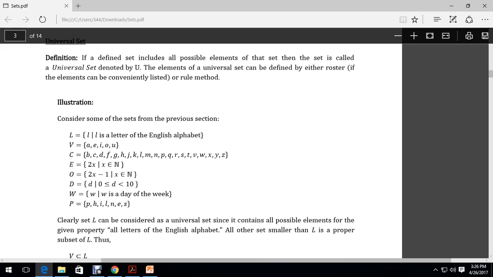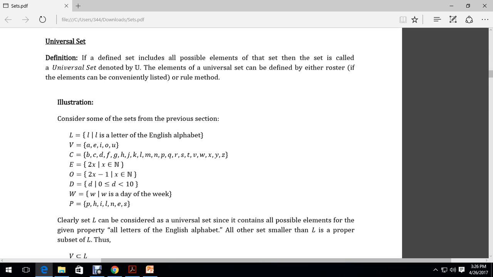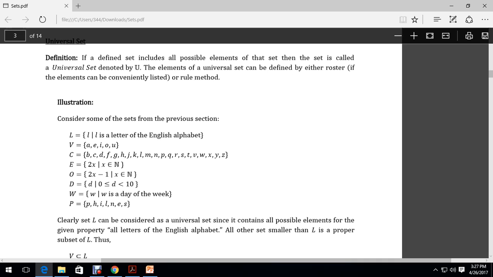Now, again, making use of the previous illustration, let us try to identify whether each of these given sets is either a universal set or a simple ordinary set.